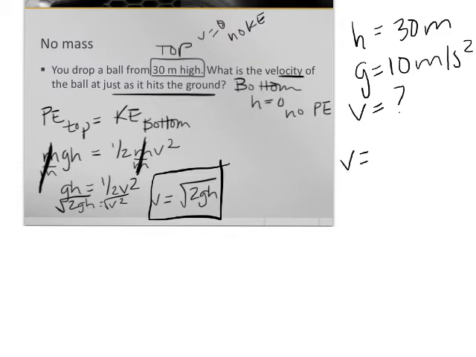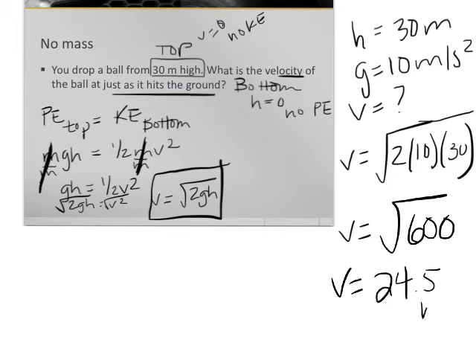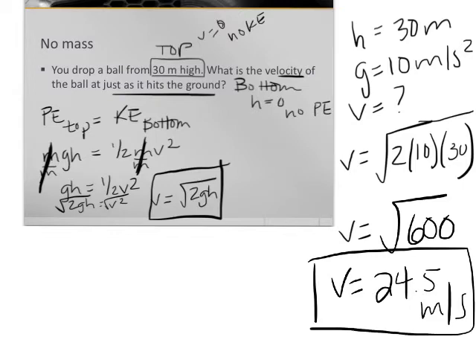So v is equal to the square root of 2 times 10 times 30, which is 20 times 30, which is the square root of 600, which ends up giving you 24.5 meters per second. All right?